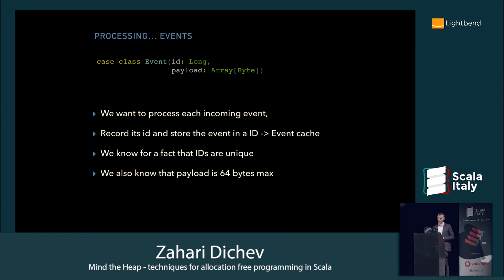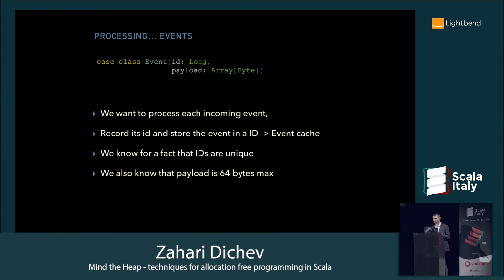First of all, we want to process each incoming event in some kind of event processor logic, and we want to record its ID and store it in an ID to event cache. We know for a fact that the IDs are unique and consecutive long figures. And we also know that, surprisingly, our payload is always 64 bytes.